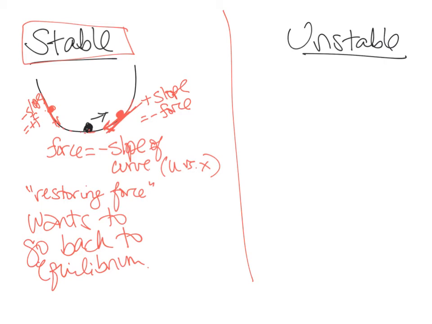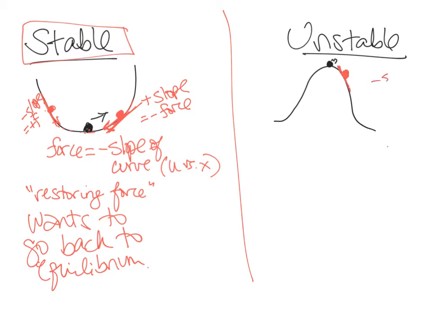All right, for unstable equilibrium, you want to think about something on the top of a hill. Right here, it is at equilibrium point, right? It is not moving, force is 0, boom. But if I give it a tiny little nudge, then what happens? So it's gonna be right here. What is that slope?